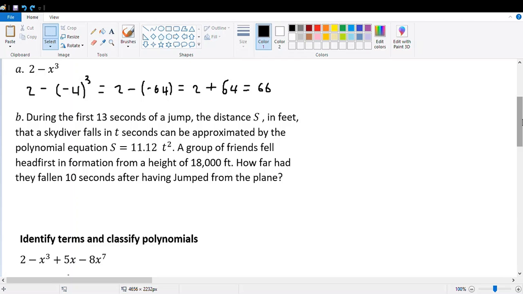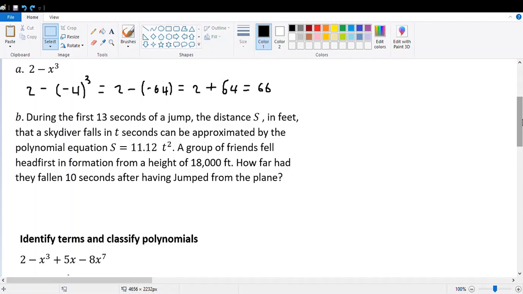During the first 3 seconds of a jump, the distance s in feet that a skydiver falls in t seconds can be approximated by the polynomial equation s equals 11.12 t squared.